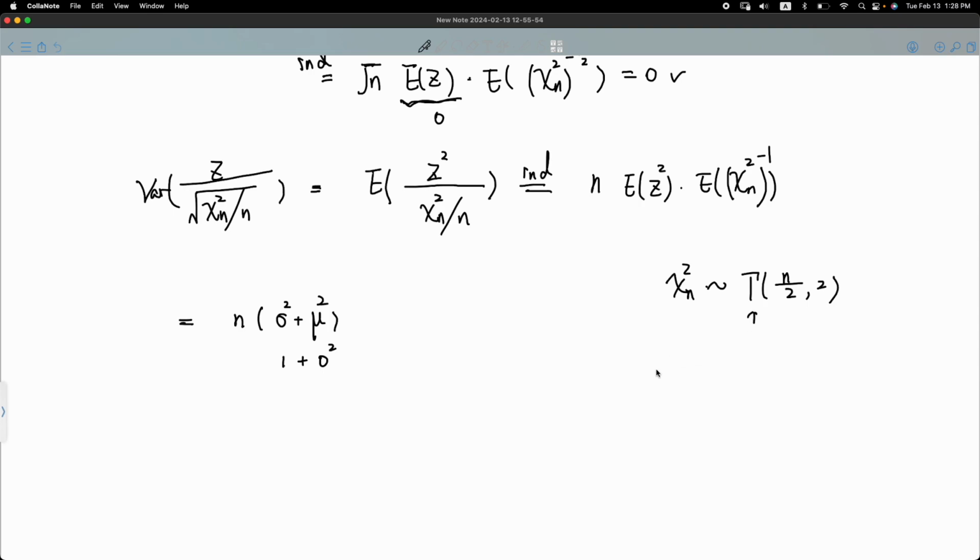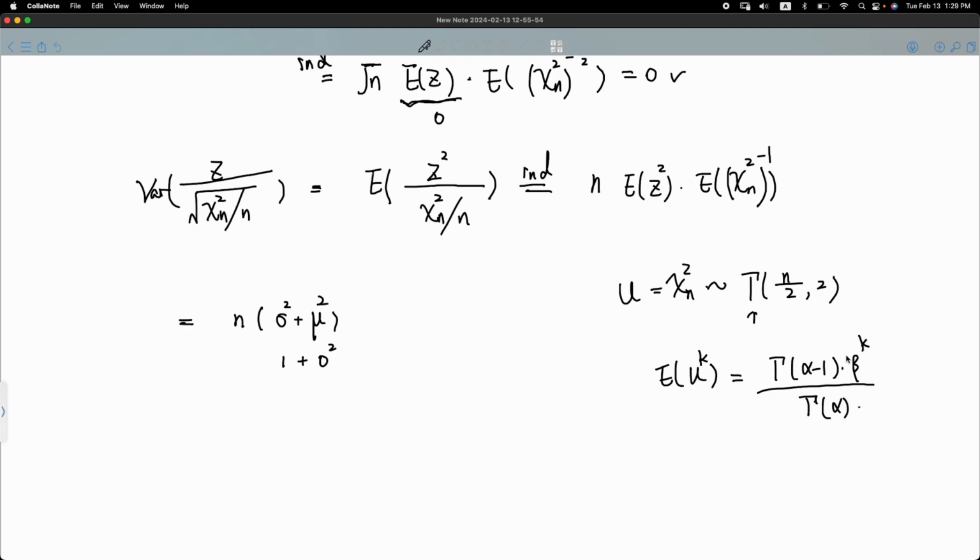Once we have the gamma, let me make it more general: for u following a gamma distribution raised to the power of a particular k, to evaluate the expectation we can just use the formula, which involves beta to the k and the gamma function of alpha.